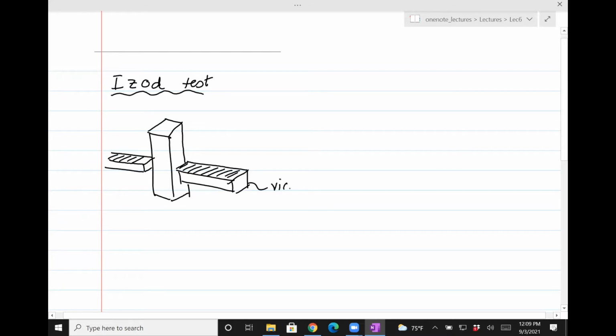So this is our vise or the support system which keeps the specimen in place.